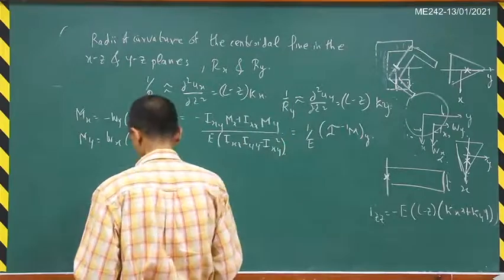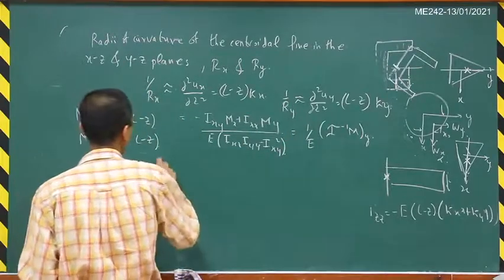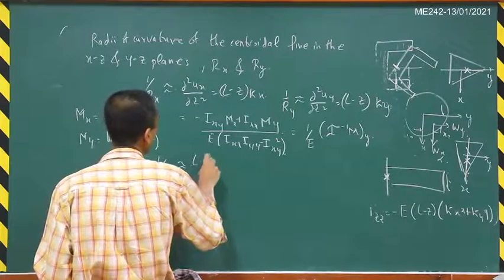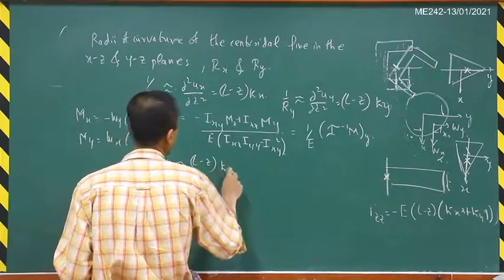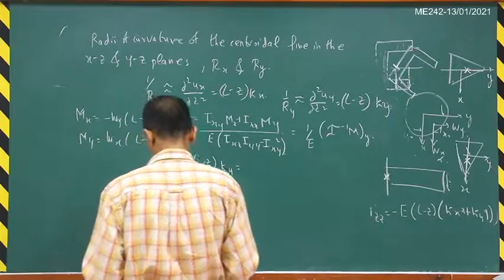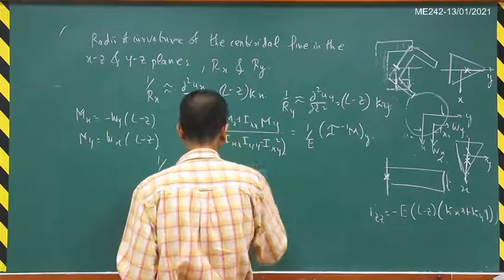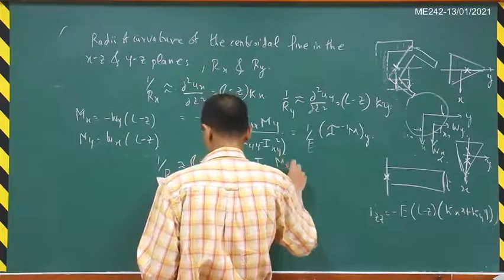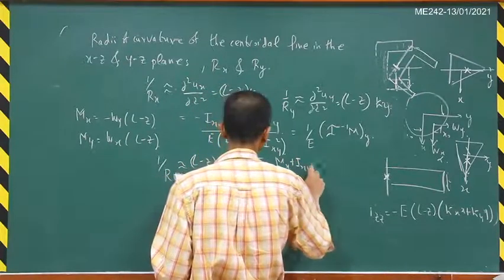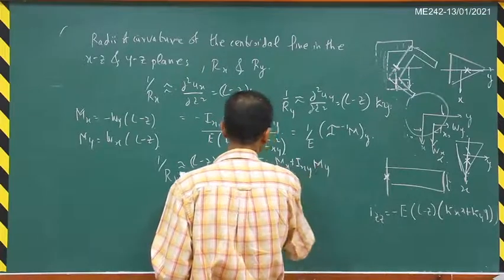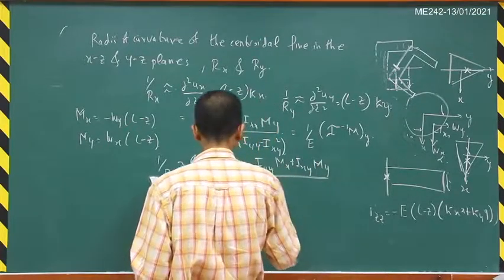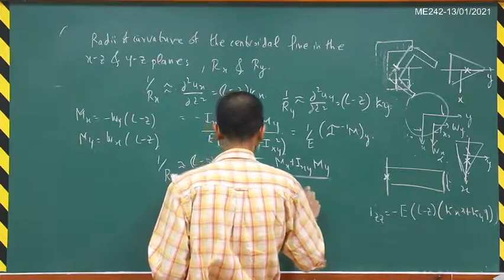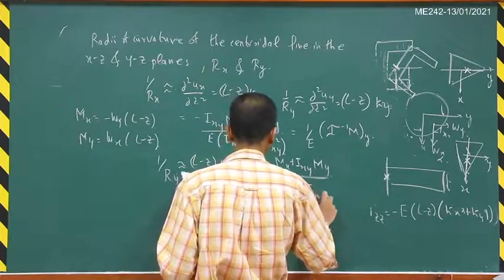And then similarly, you will get for 1 by Ry, that is your L minus Z times kappa y, if you write it in terms of these moments, minus Iyy times Mx plus Ixy times My divided by E times Ixx Iyy minus Ixy square.